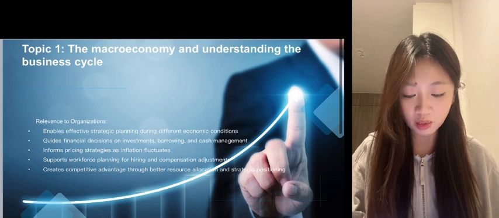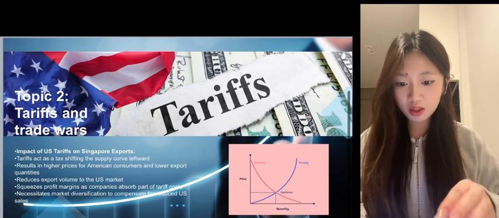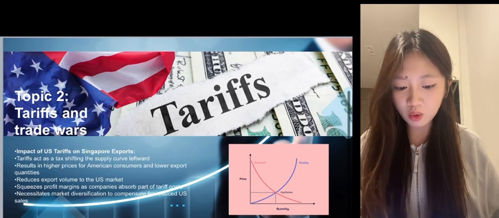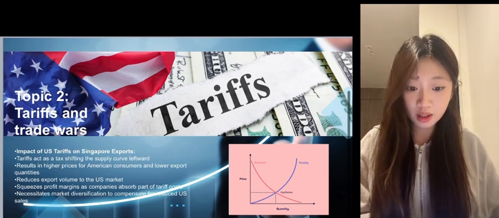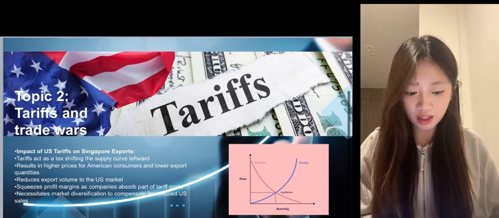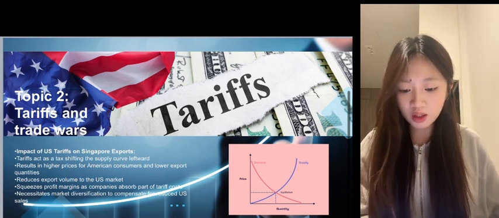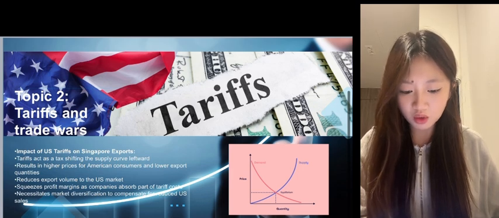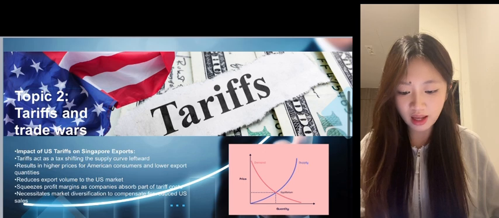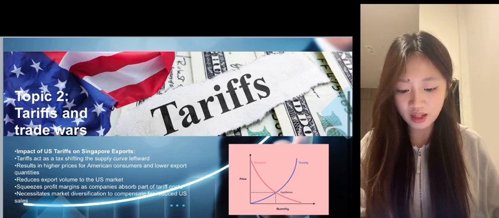Topic 2, Tariffs and Trade Wars. Using the demand and supply diagram provided, I can explain how the imposition of new tariffs on exports from Singapore to the United States would affect our organization. When the US imposes tariffs on goods from Singapore, this effectively acts as a tax that shifts the supply curve leftward.